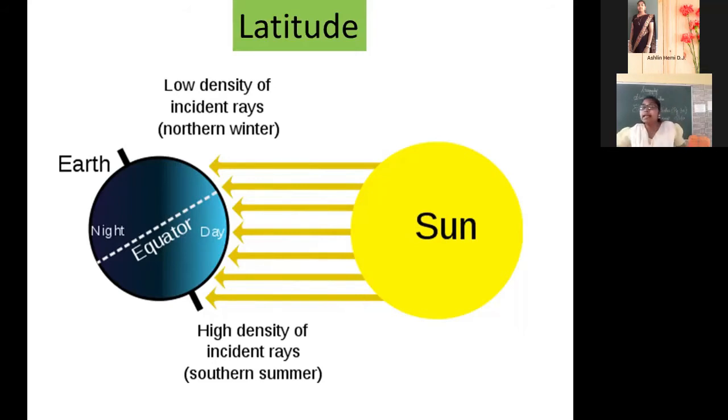Latitude increases toward the poles, where the temperature decreases, because the sun's rays directly reach the middle portion, not the poles. Can you understand?